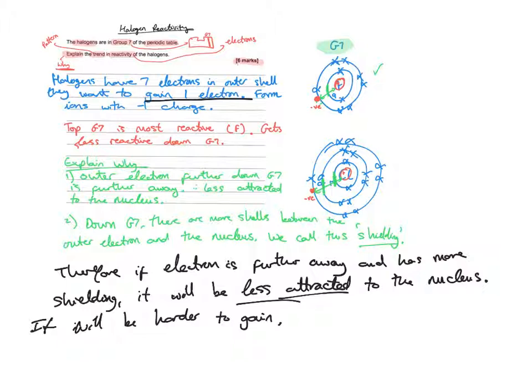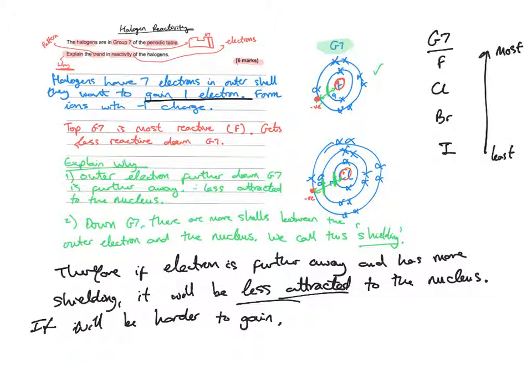Let's read through to check we've answered the question properly. So the halogens are in group 7. Yeah, I'm happy with group 7. I've got fluorine, chlorine, bromine, iodine. Might even put those in. Explain the trend in reactivity. Trend means pattern. So the pattern is the most reactive is at the top, the least reactive is at the bottom.